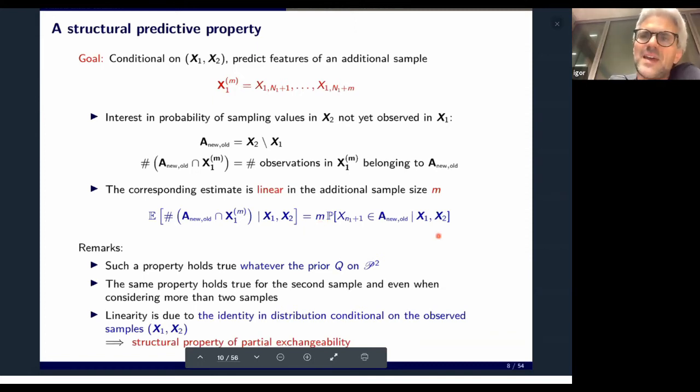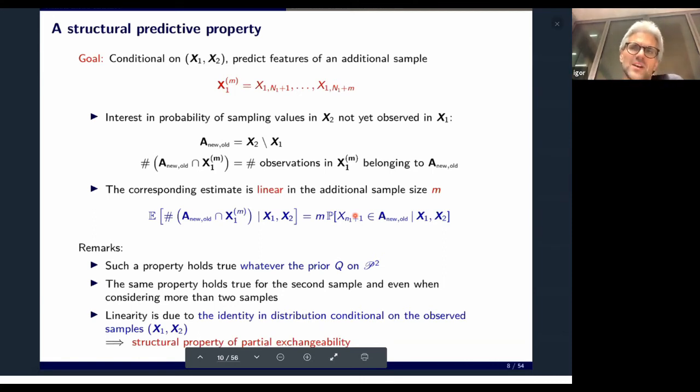So the expected number of values in the additional sample of size M which coincide with values in X2, which were not yet present in X1, is M times the probability of sampling, at step n1 plus 1, a value which belongs to that set. I forgot it should be a capital M. So it's linear in M.